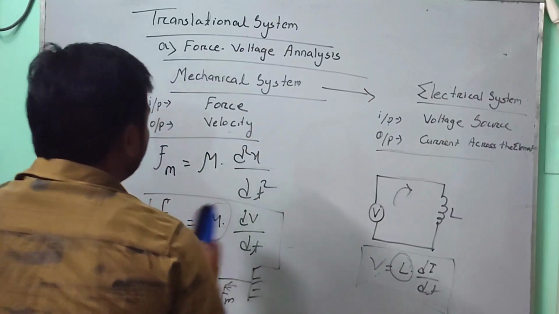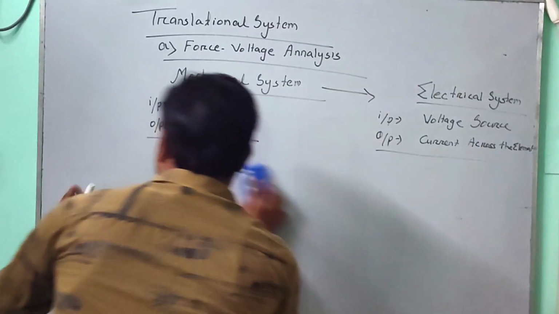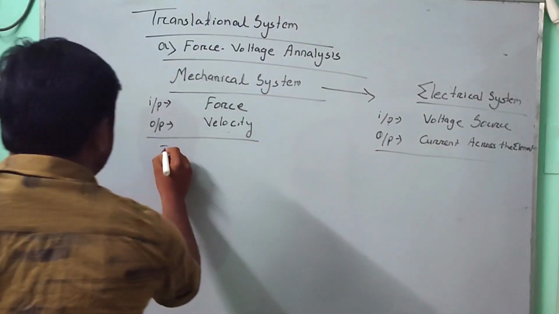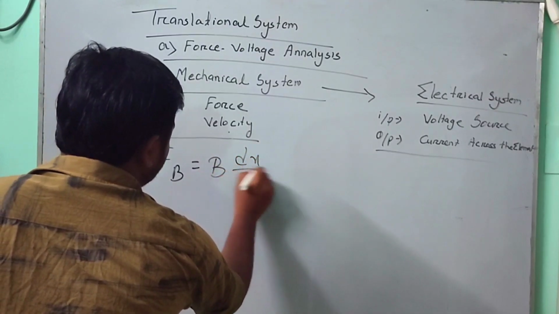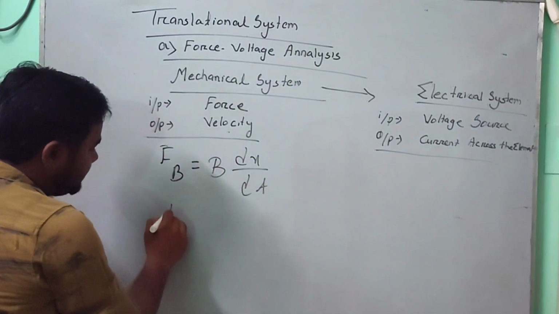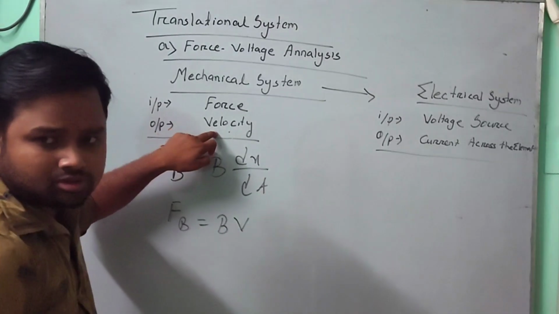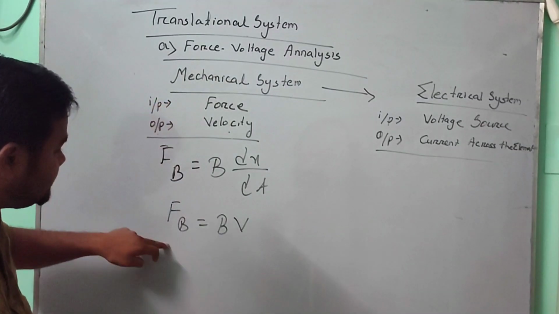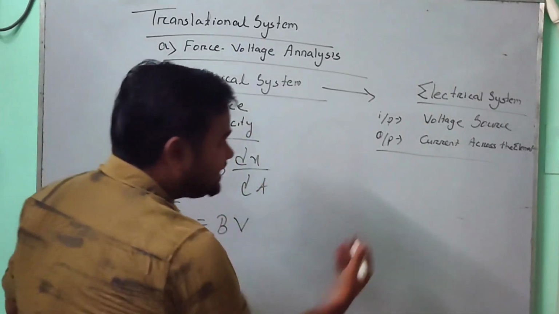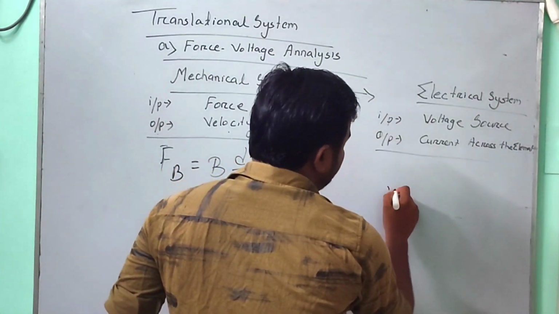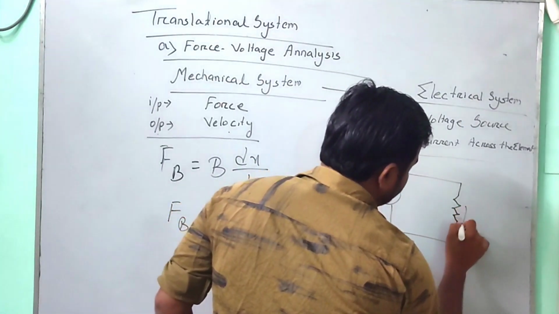Let's study the force due to dashpot. The force due to dashpot, that is f of b is equal to b into dx by dt. That implies f of b is equal to b into v, because velocity is your output and f of b is the input force. If this force due to dashpot is converted into electrical system, the input is the voltage source and a resistor is connected.